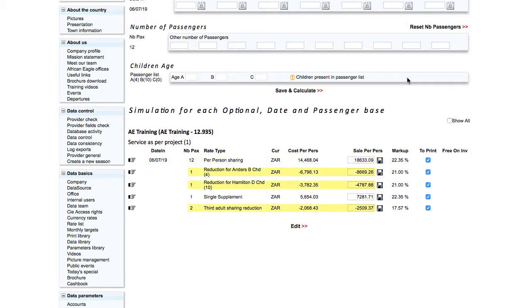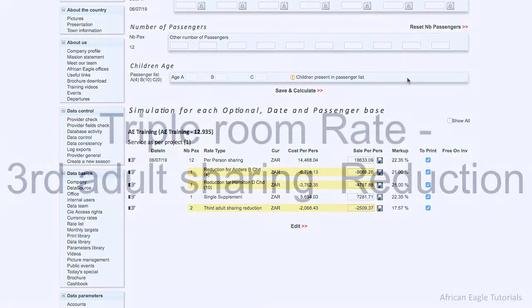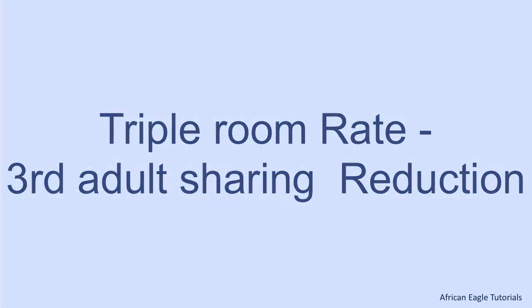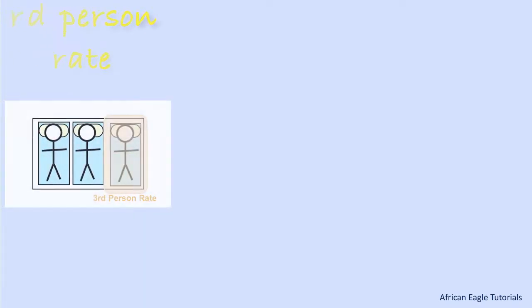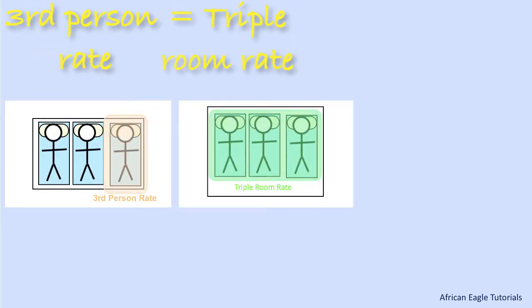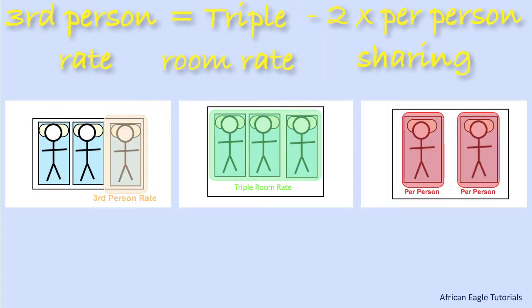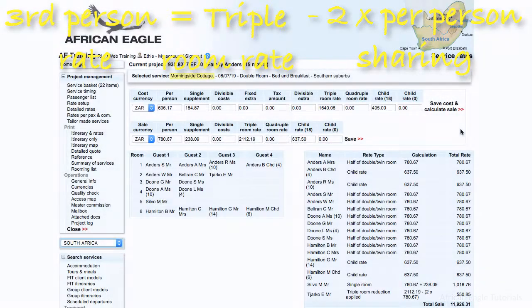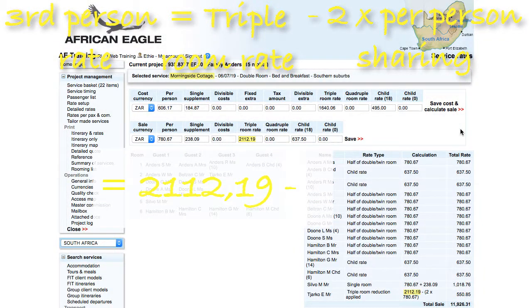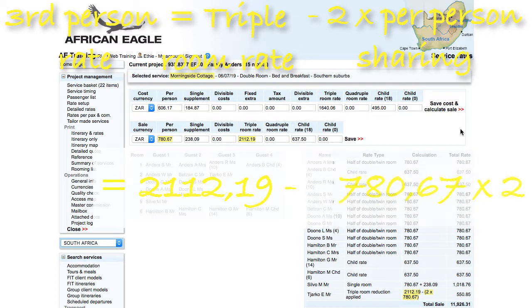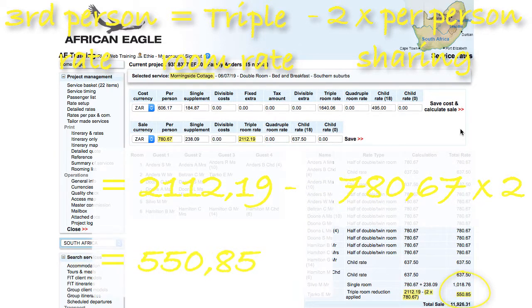Let's have a look at how these reductions are calculated. For a triple room, first calculate the third person rate as triple room rate minus 2 times per person sharing rate. For example, for Morningside Cottage, 2112,19 minus 780,67 times 2 equals 550,85, as shown on the service rates page.